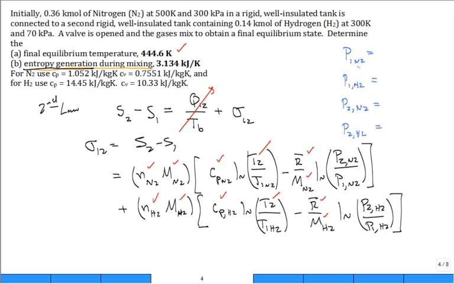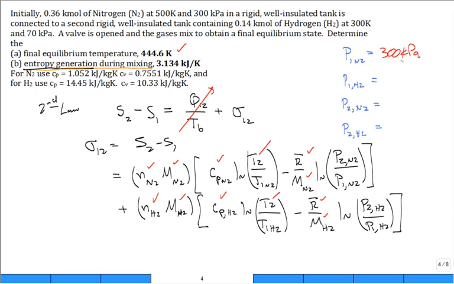Okay, so pressure 1 of the N2, what is it? 300 kPa. Brilliant. Because what started off in that nitrogen tank was pure nitrogen. So it's 100% mole fraction. So the nitrogen, all of it's at that pressure.